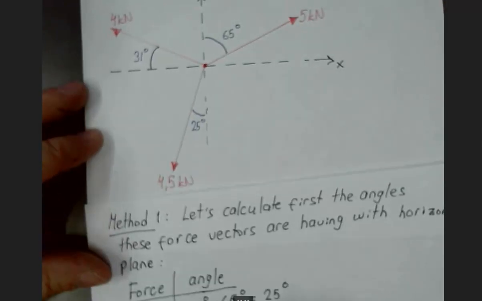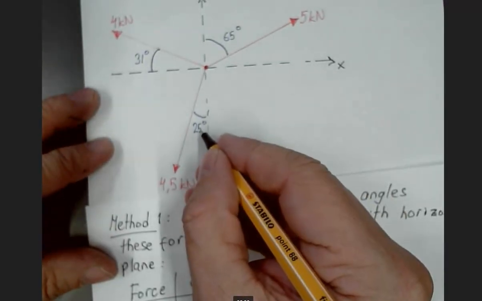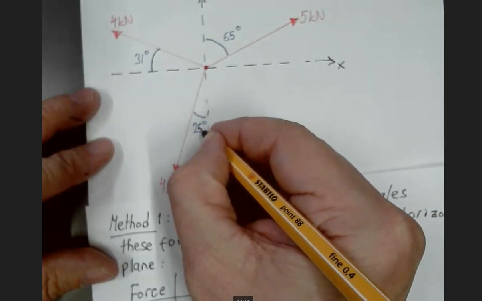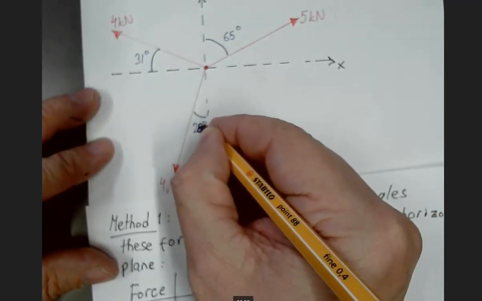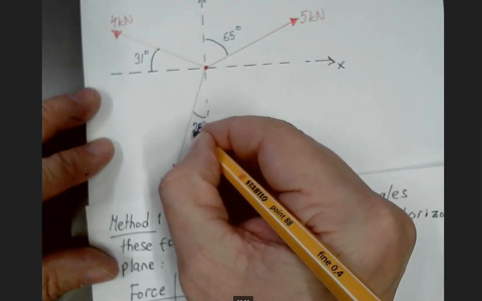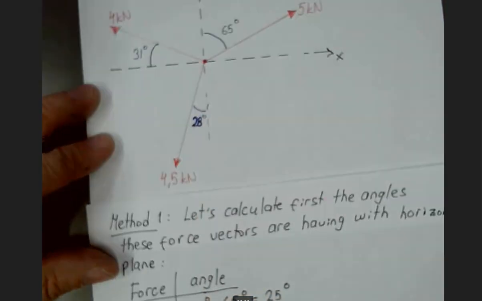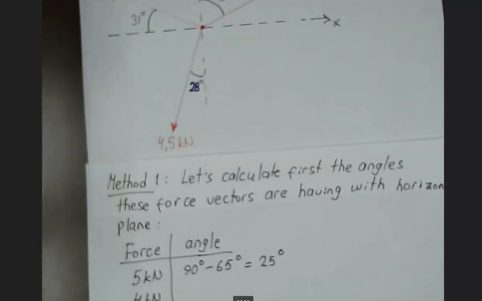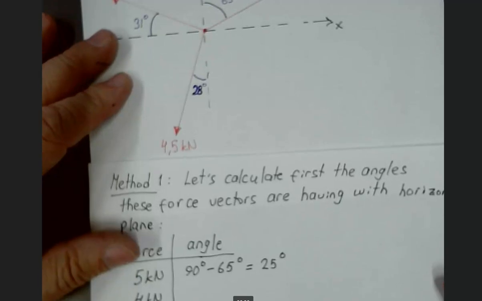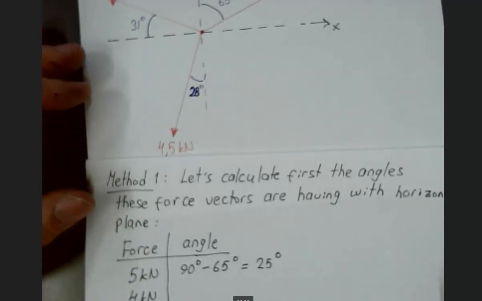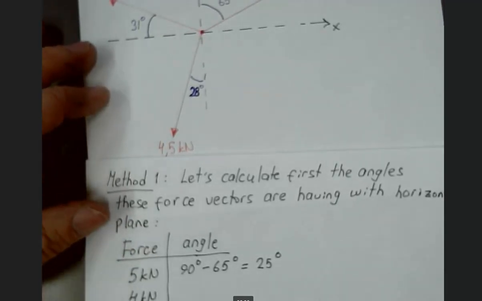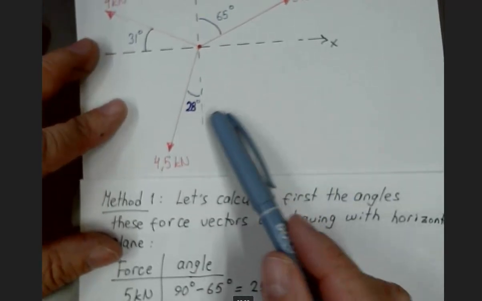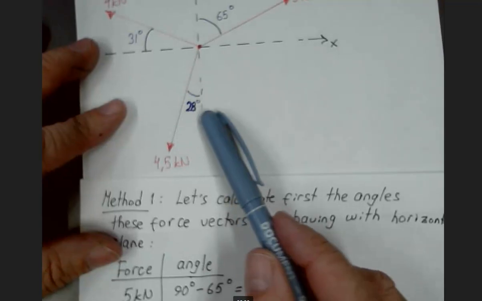I will change this a little bit, because I don't like this 25 degrees here. I will put 28 degrees, if you don't mind. It is stupid to have the same angle two times in the same example. So I changed that to 28 degrees there.